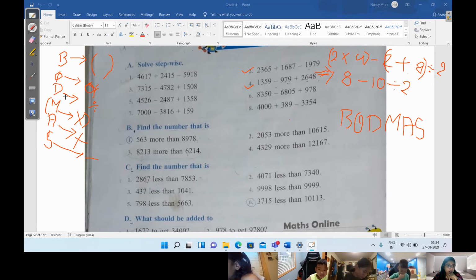Division comes first, because the last is subtraction and division comes before. So we have to solve this: you have 10 divided by 2, then we have 5.